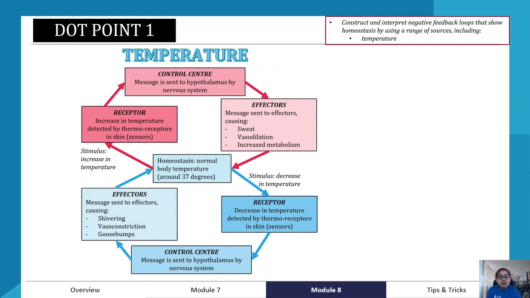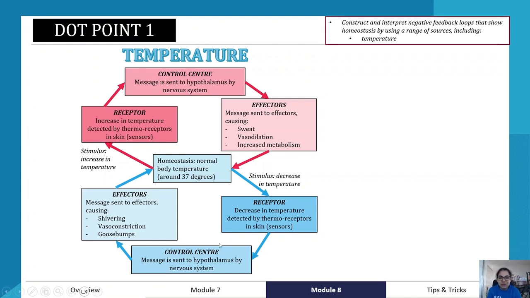And that is then going to cause the body temperature to increase and return to 37 degrees. And that's the whole cycle. Think of it like an 8, right? The first half here is if the temperature increases, the second half here is if the temperature decreases. Now obviously the structure of it doesn't have to be that way.